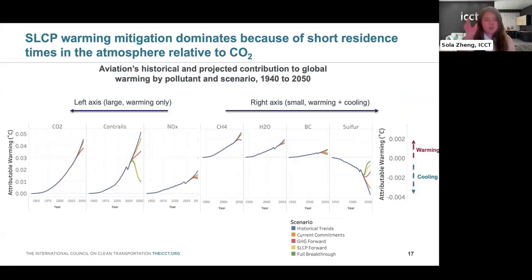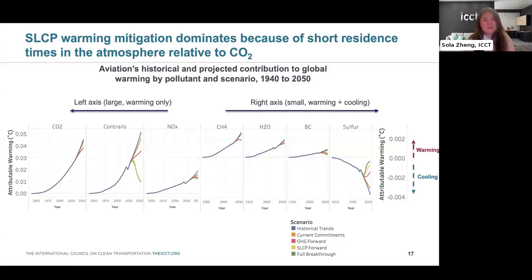And then I would like to remind everyone that the four pollutants on the right are on a different y-axis scale, which is 7 times smaller than the y-axis magnitude for CO2, contrail, and NOx.